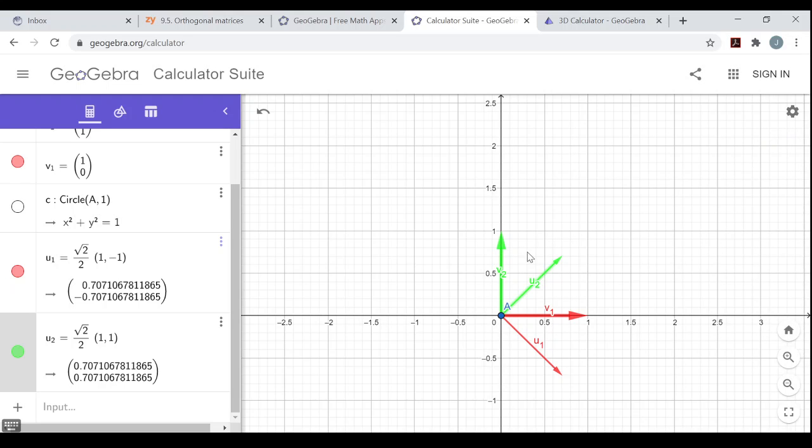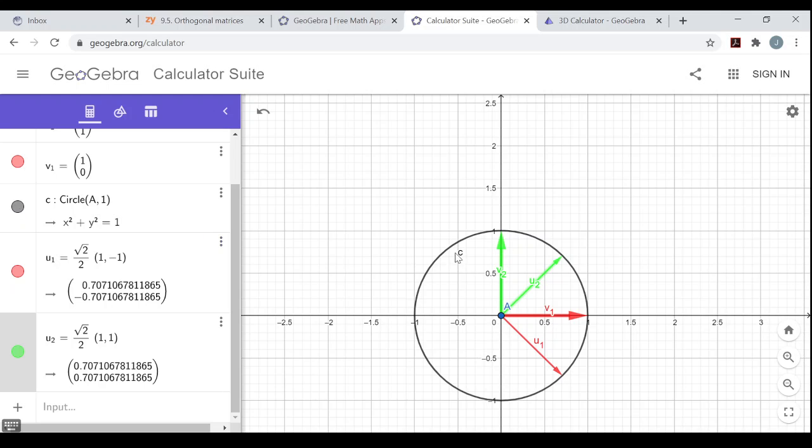And do you see how the lengths of the vectors weren't changed and the angles between them weren't changed? Vector 1, 0 and 0, 1 are orthogonal. Under the dot product, they form a 90-degree angle. And these vectors are also orthogonal. V1 maps to U1, V2 maps to U2. In fact, they're pointing to points on the unit circle.